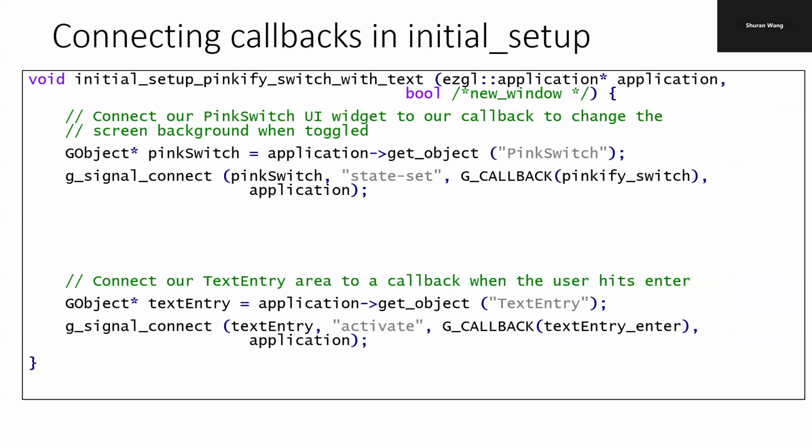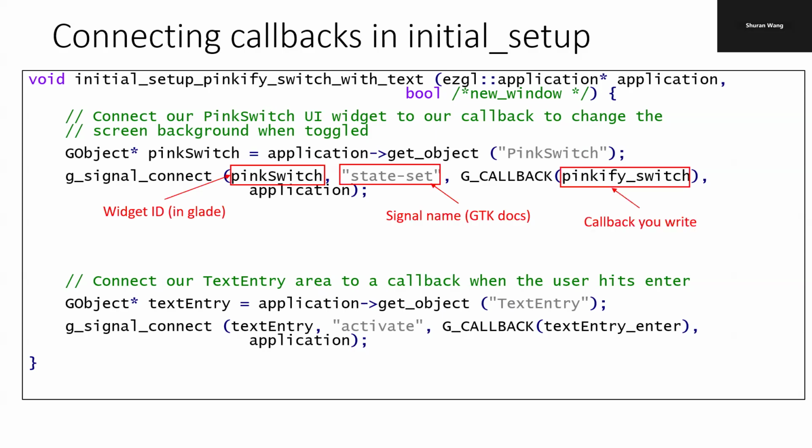In initial setup, we can connect the callbacks using g_signal_connect. If you wish to read more, it's all in the documentation. g_signal_connect accepts first the widget ID that you set in Blade, the signal name inside the GTK docs, and the callback you write.